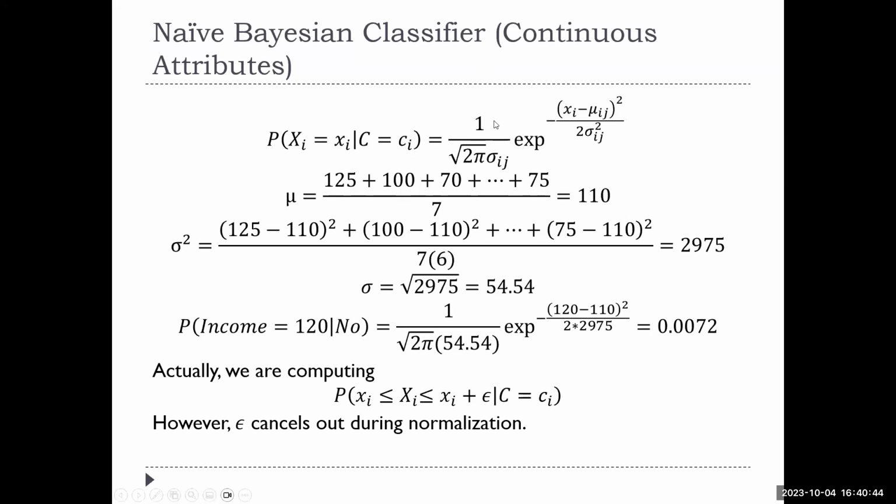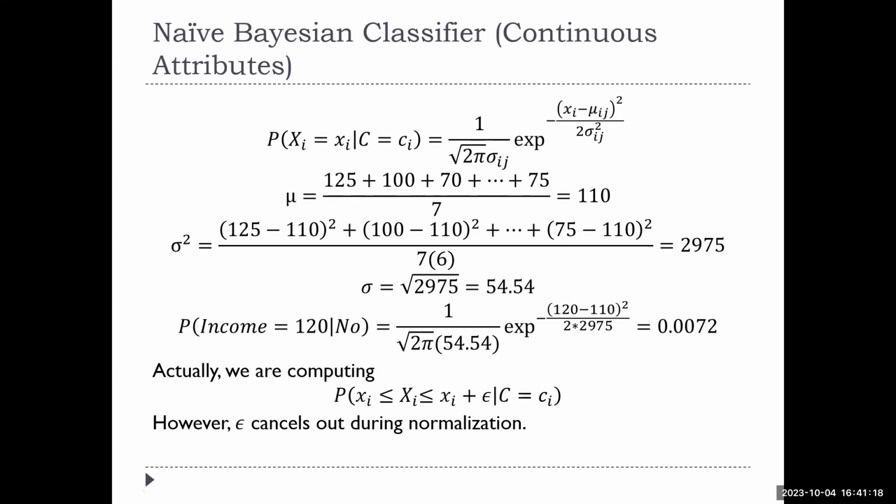It is 1 over, this is the normal distribution, square root of 2 pi times the standard deviation, which we already computed for now, 54.54. Then e to the power of minus x minus mu, where x is 120 and mu is the average, squared, over 2 times the variance.